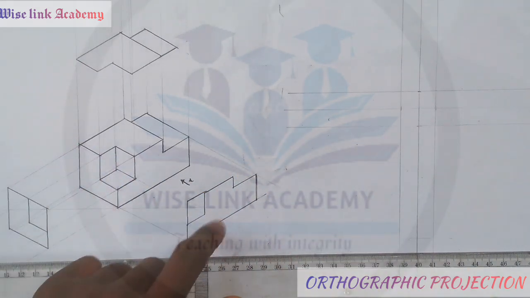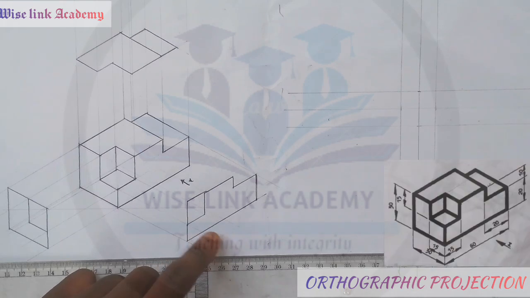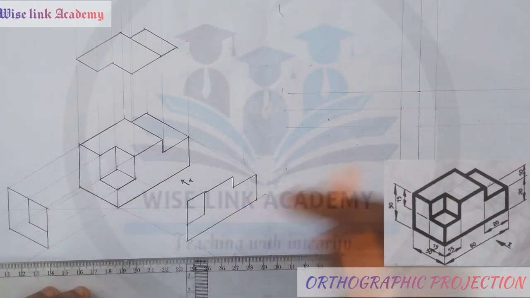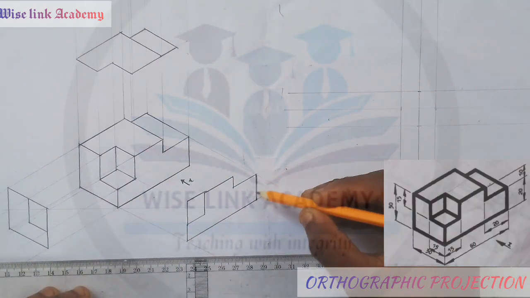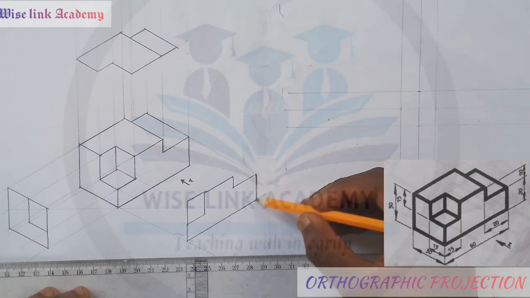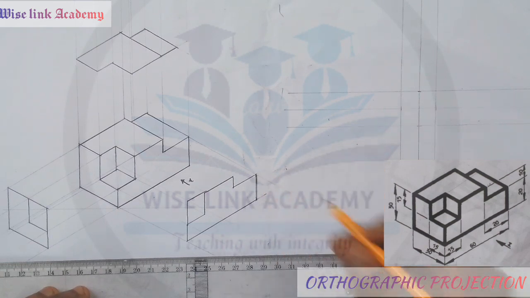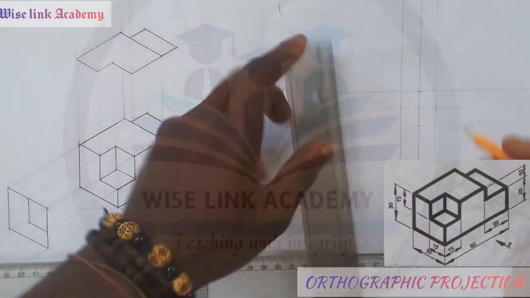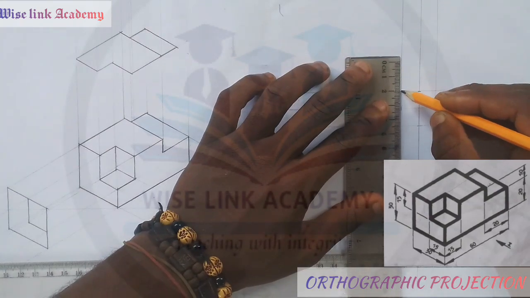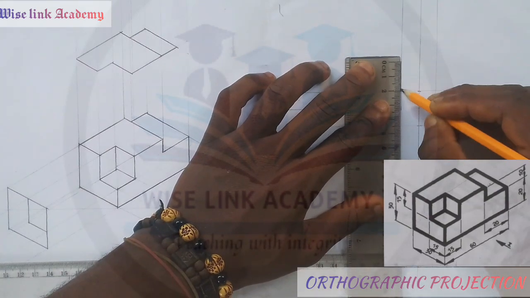So this one is my elevation. From here to here, from my diagram, is 20. So I'll measure out 20 from here to here.